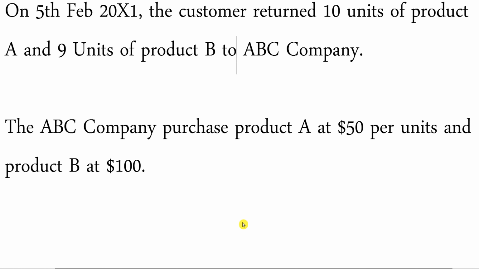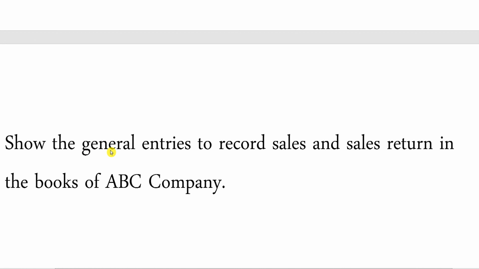ABC company purchased product A at $50 per unit and product B at $100 per unit. It means that is the cost of inventory. So what is the general entry to record the sale and return in the books of ABC company?